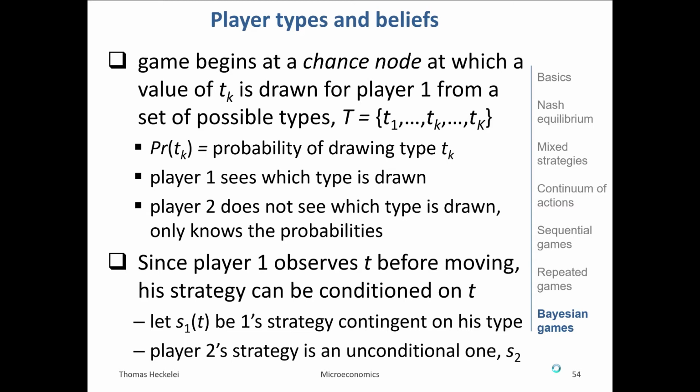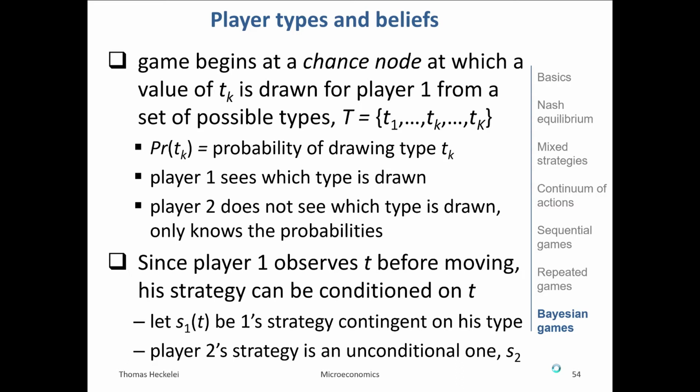Again, since the first player observed T, he knows what his type is, so he could decide his strategy upon this information. So, conditional on T, what does conditional mean? It just means, okay, if I'm first type, then I go for this strategy.